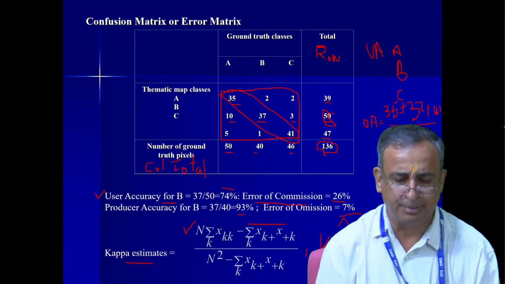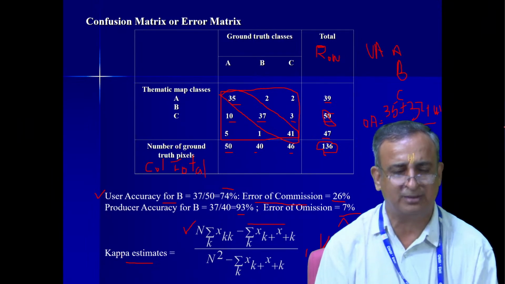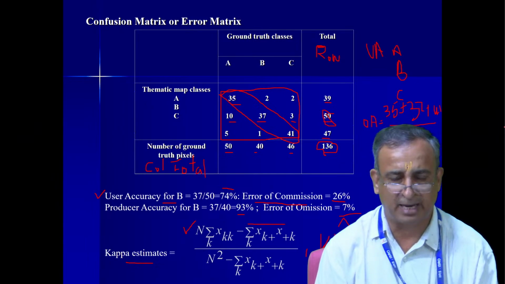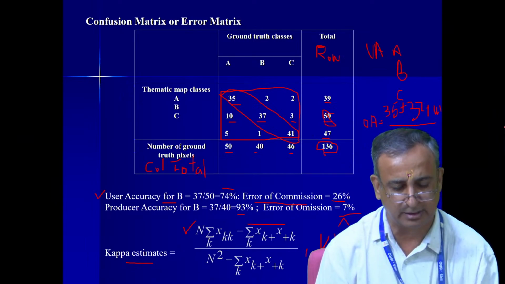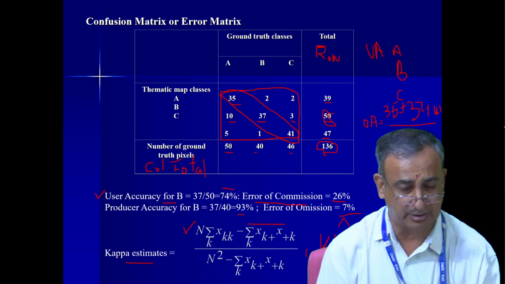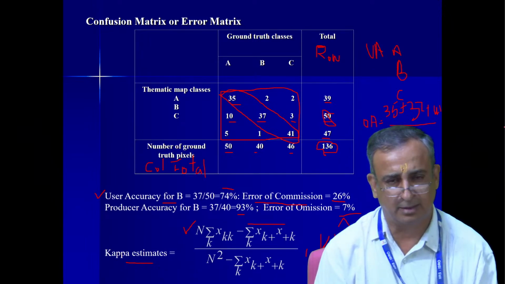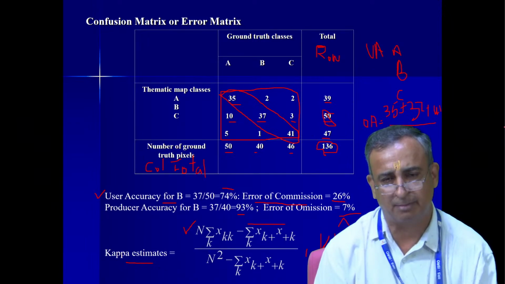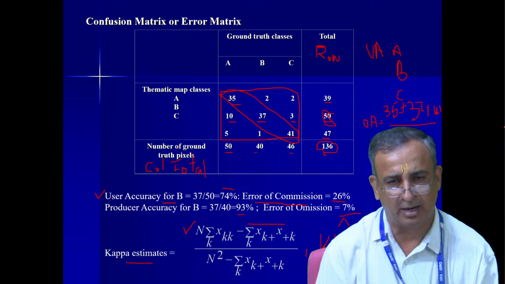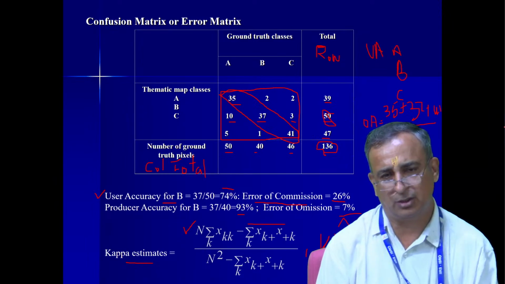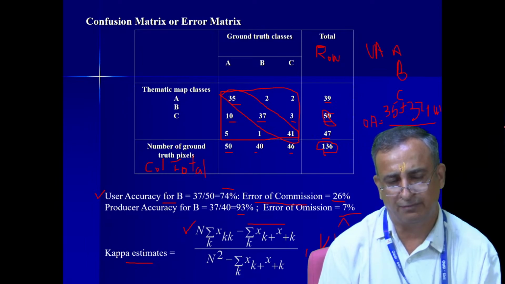But nowadays people are not giving much weightage to parameters like user accuracy, producer accuracy, kappa coefficient, and overall accuracy. People are looking for the accuracy of the map to be represented by one more variable, called F score. For F score you can go through different YouTube videos.